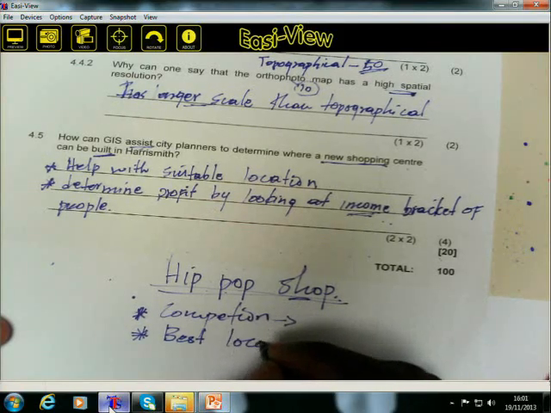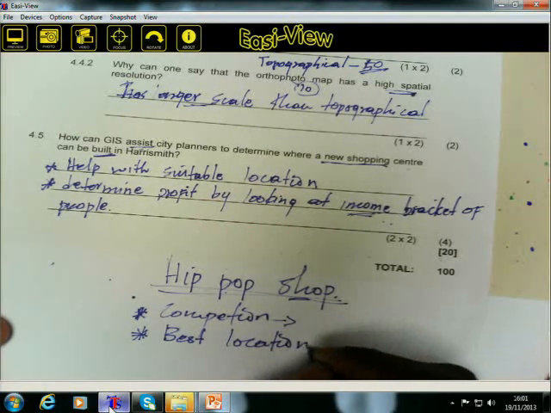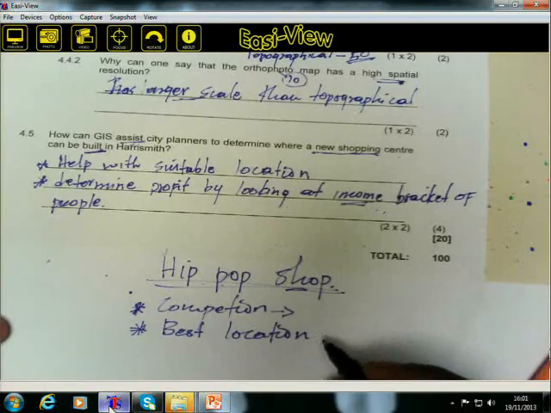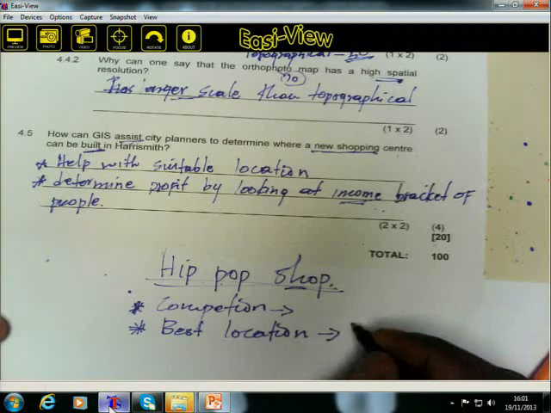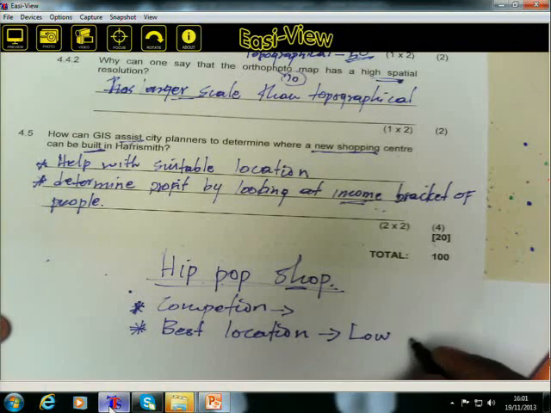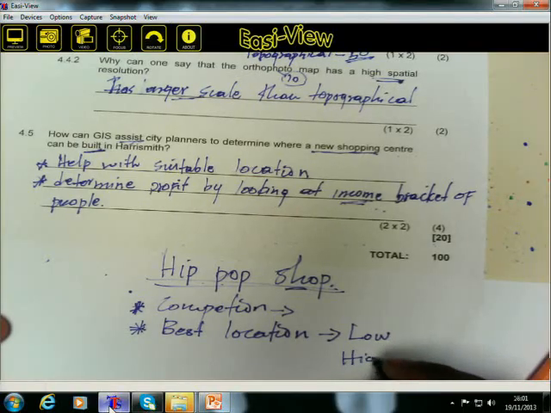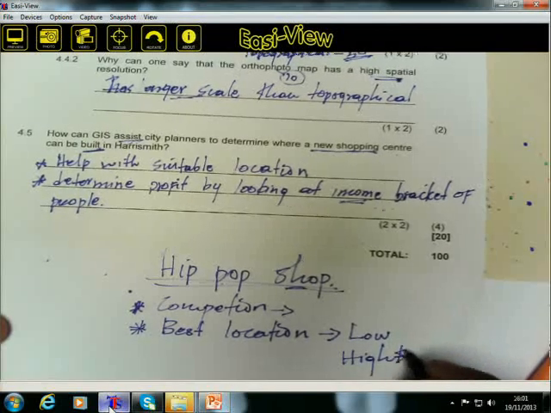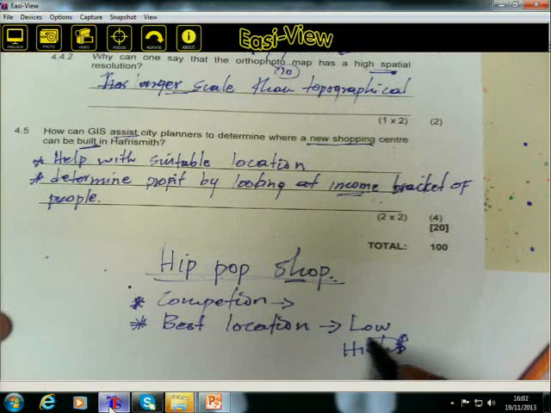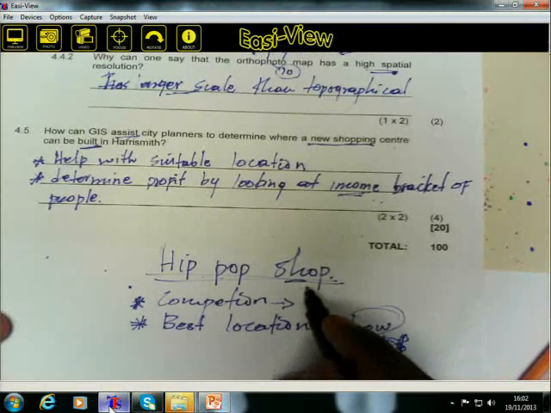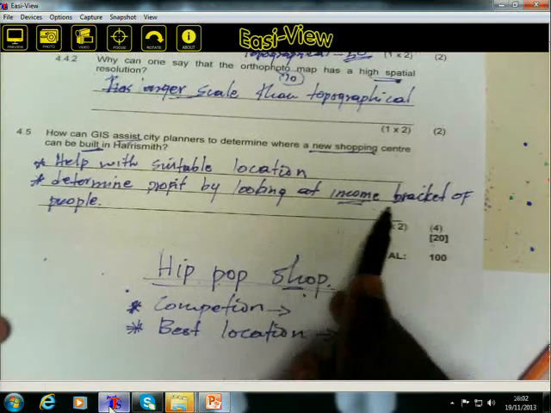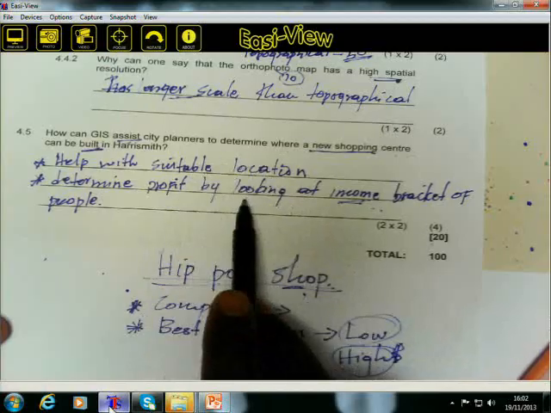The best location. That's where we started to say, for you to locate and make money, you cannot locate in a low-income area, but instead you will move to a high-income area so that they can be able to buy from your store. So it's important that you put this one at the back of your mind.